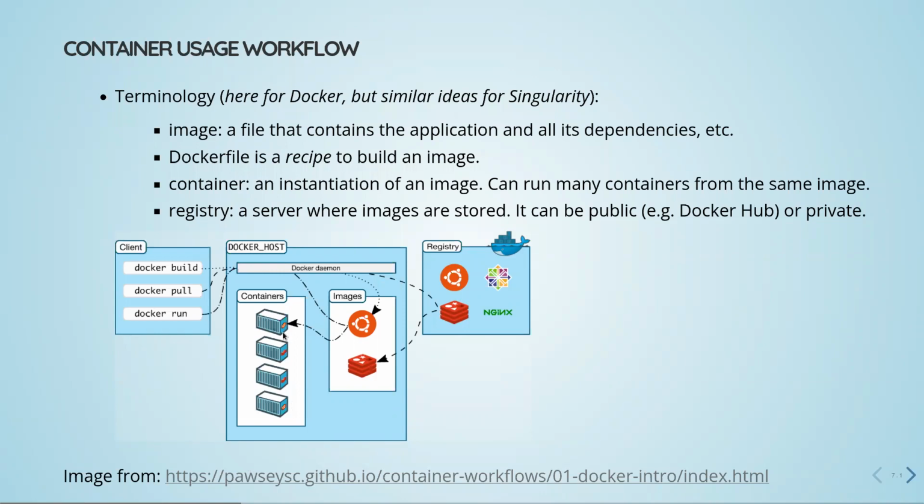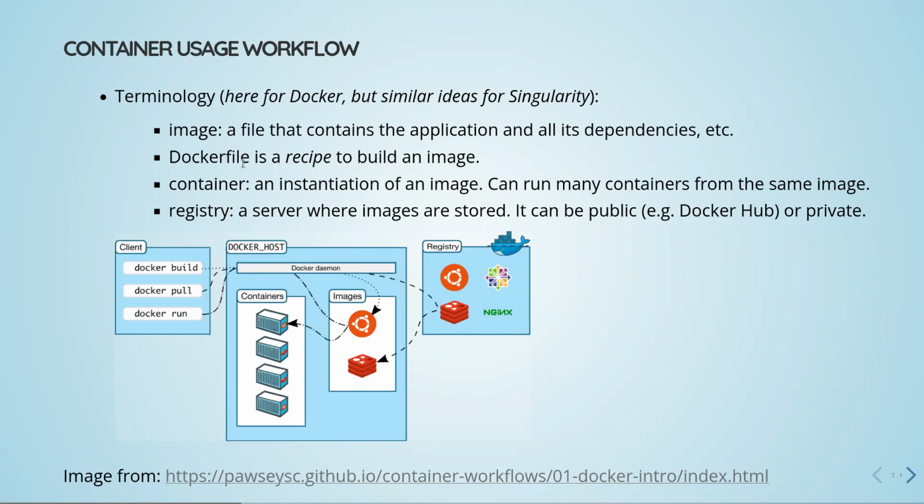This could be my machine, and I will have a list of images here. This could be, for example, an Ubuntu image, an Nginx image, and so on, and these are files basically that are stored in my machine.